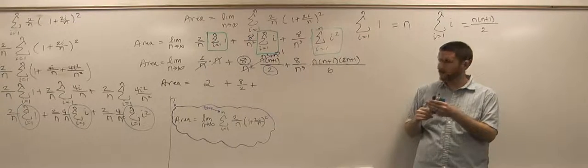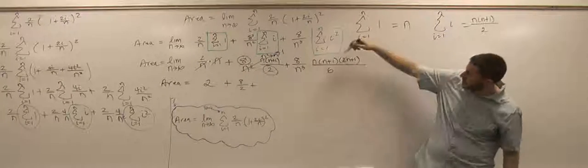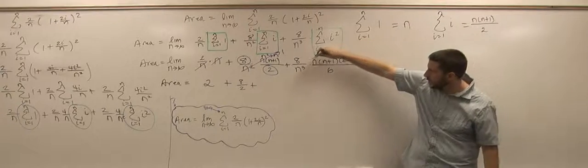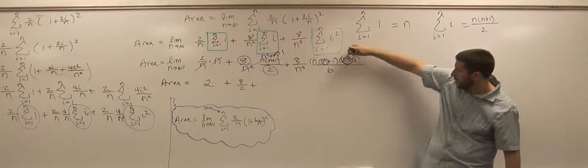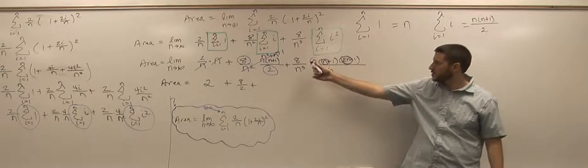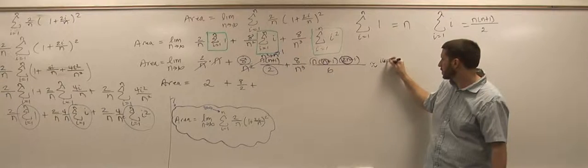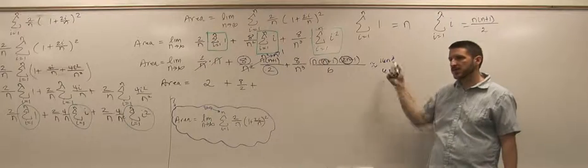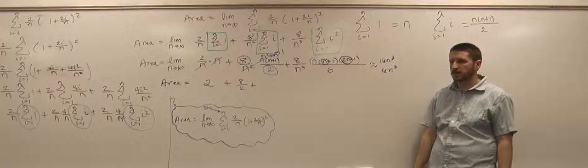What about here? Now this one, again, it looks harder than it is. What's the degree on top? Cubed, right? 3. If you multiply these guys out on top, you'll get 2n cubed. So altogether you have 16n cubed on top. And on bottom you have 6n cubed. So as n goes to infinity, those lower order terms aren't going to matter.